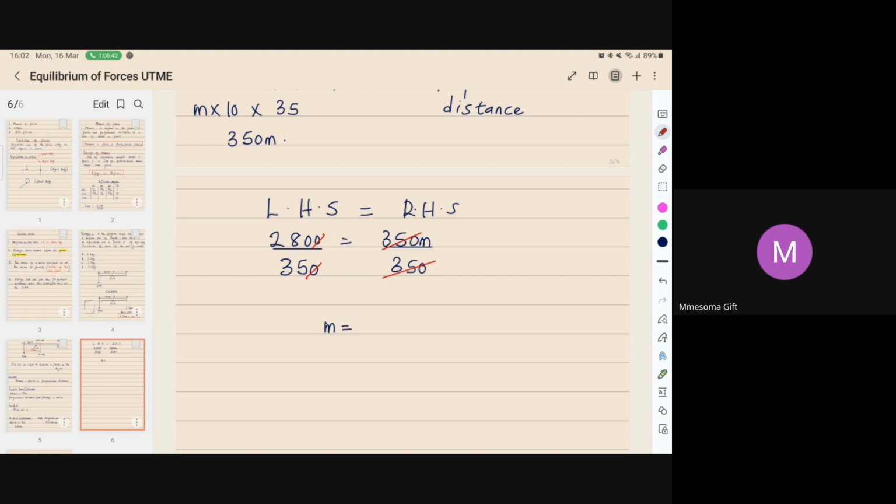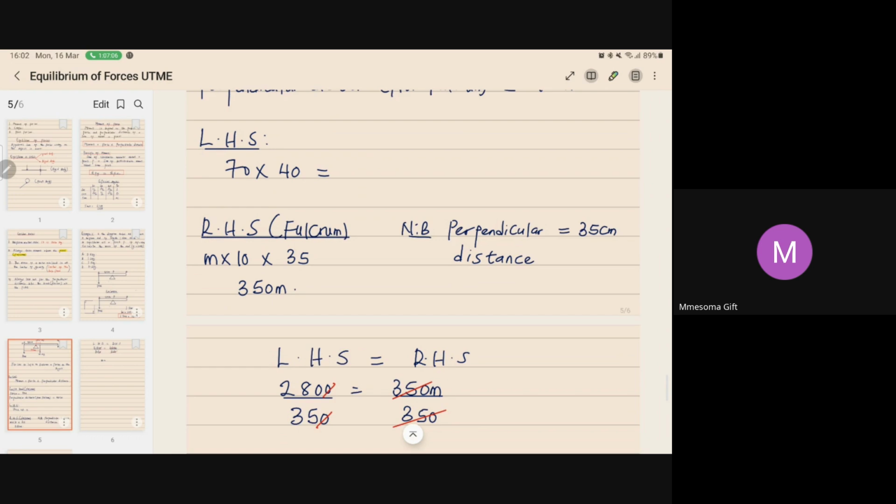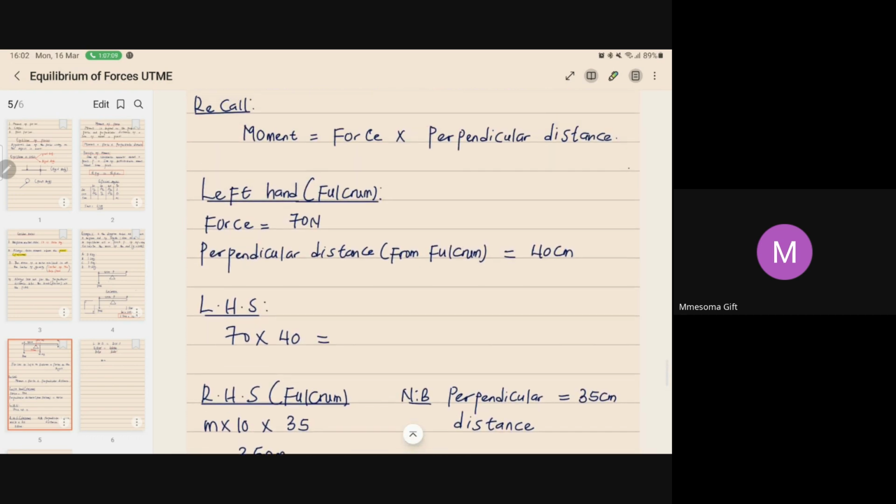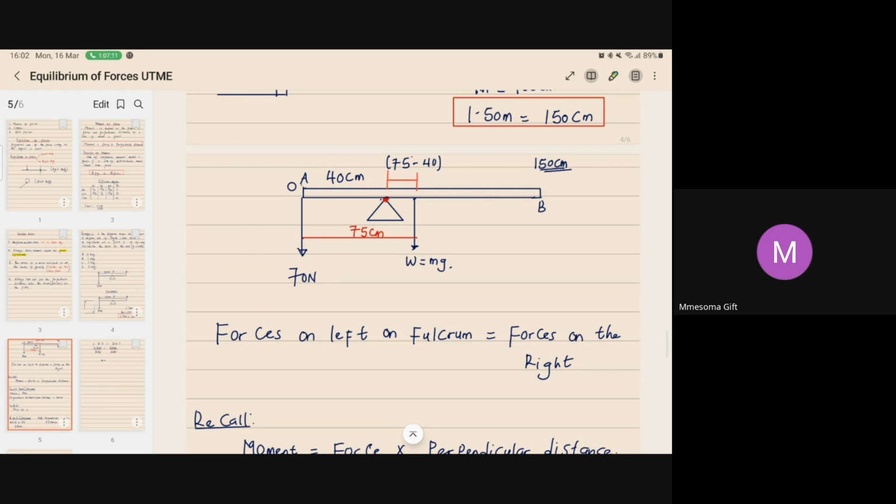You can use 5. 5 can go into 35 to give us 7. 7 can go into 8 to give me 4, that's 40. 7 can go into 35 to give me 5. Isn't it 8? Do we have 8 in the option? Are we sure we are correct, young people? Someone said the answer is 8.